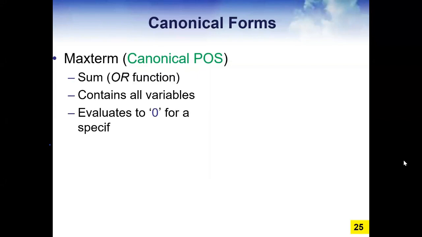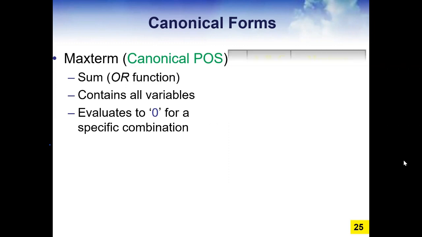This is the rule. It evaluates to 0. Min terms, girls, min terms evaluate to 1. And do you remember I mentioned that min terms are the complement of the max terms and vice versa. So for the min term, we evaluate 1 in the table, but the max term is going to be evaluated as a 0 in the table.